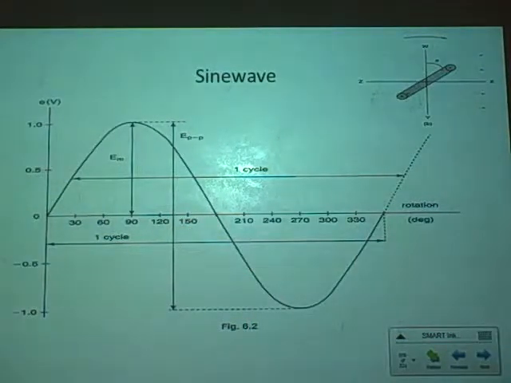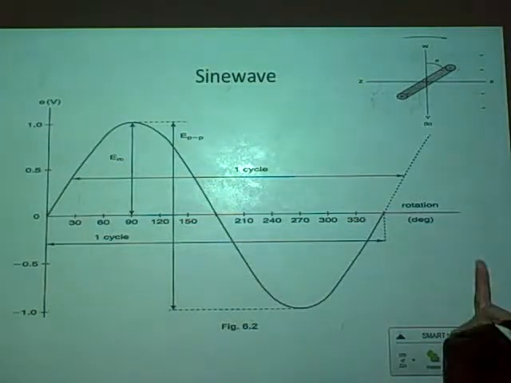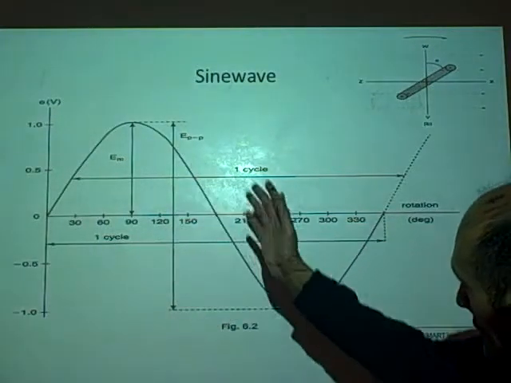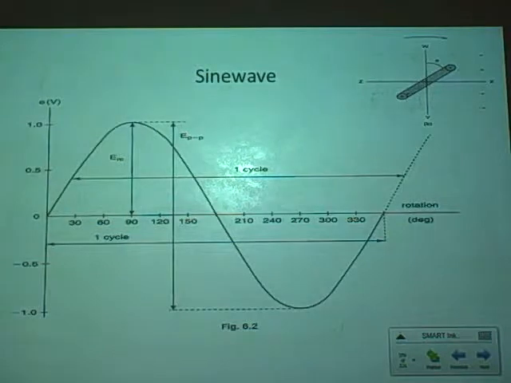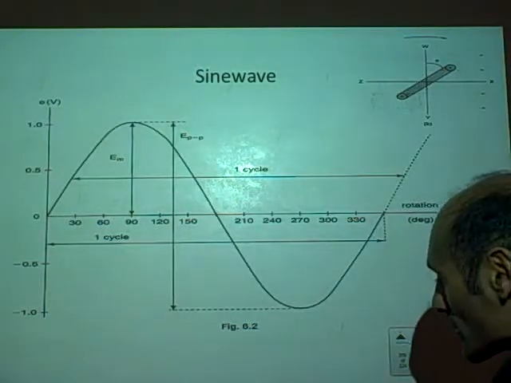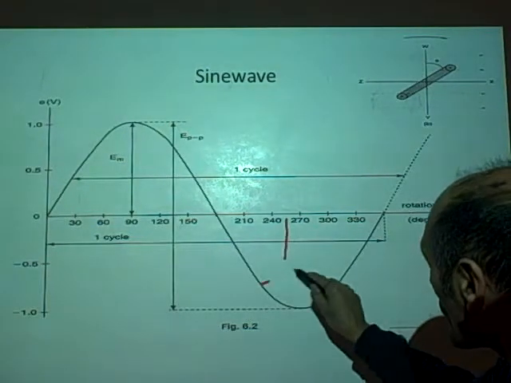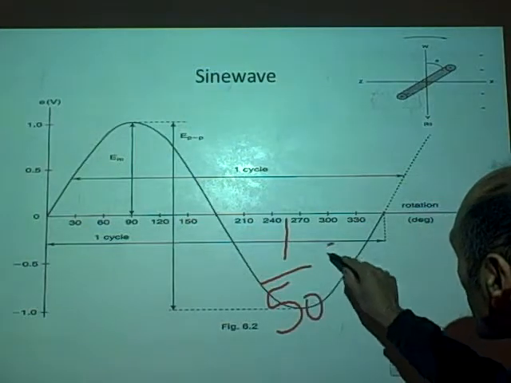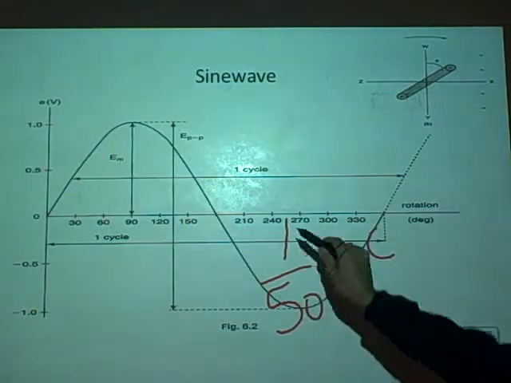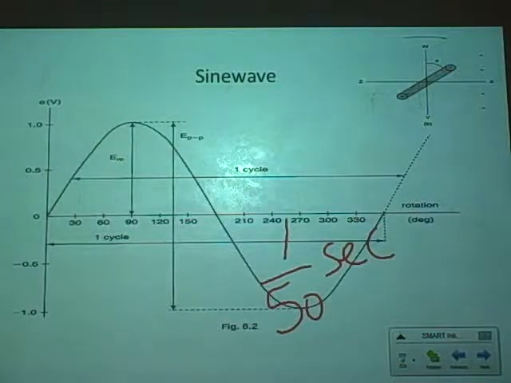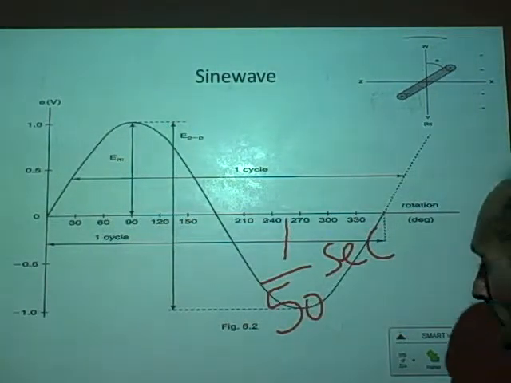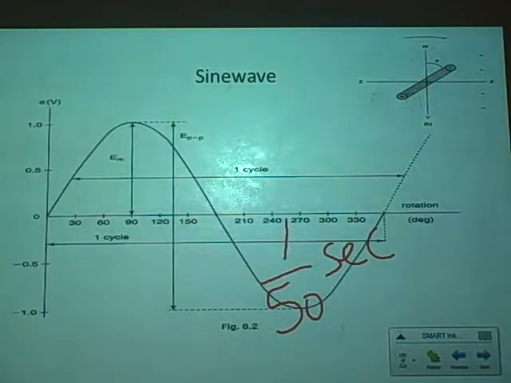It must mean if 50 cycles are produced in 1 second, that 1 cycle must be produced in 1/50th of a second. So every cycle must be produced in 1/50th of a second. You can make a note to that effect if you wish.